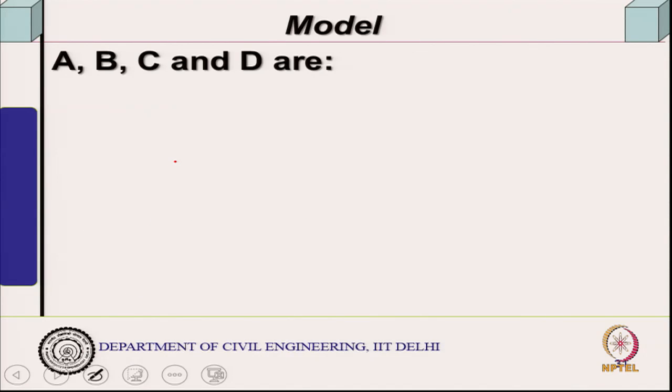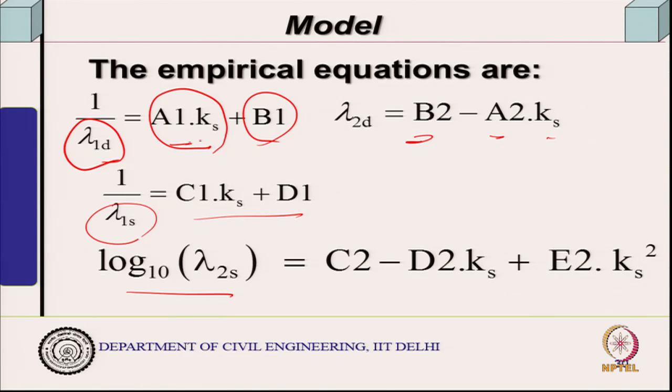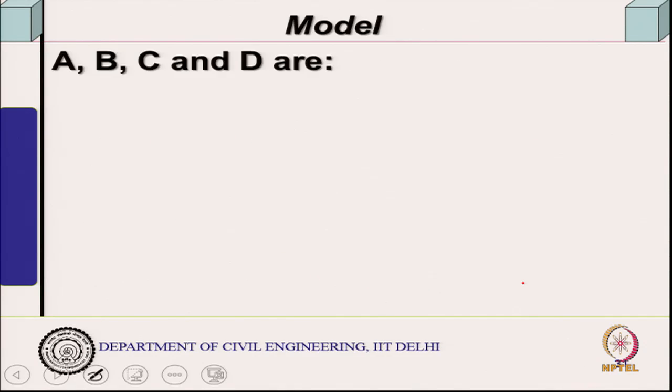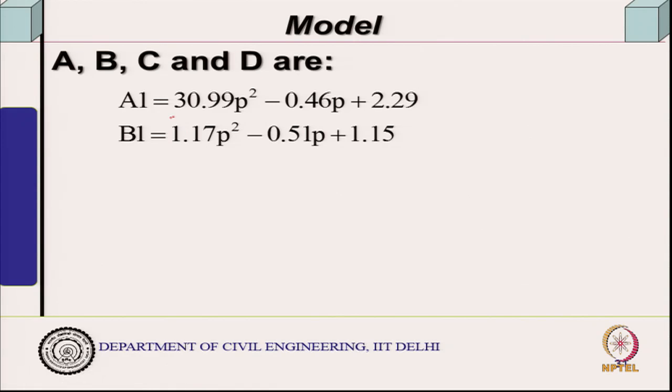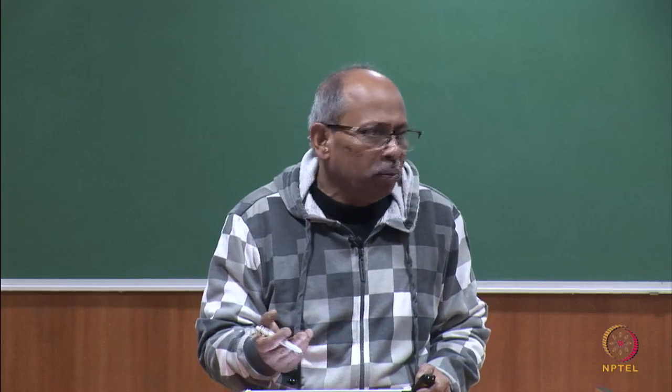So, let us see how the ABCDs are functions of porosity. A1, B1, B2, A2, C1, D1 are functions of porosities, and they are something like this. It is some empirical relation. Somebody doing wider jobs, these values might change, but for the case of bricks and concrete and such materials, not for timber, this still may give you good results.